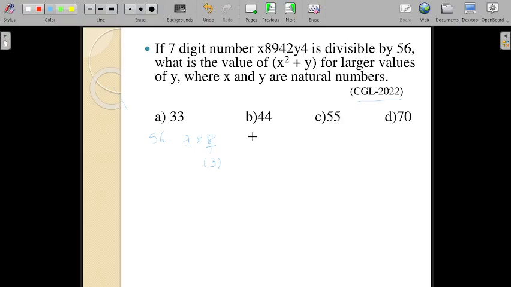Let's say 204, or else 214, 224, 234, 244, like this. If we apply this, 204, 4 2s are 8 no. 214, 14 not divisible, no. 224, okay, so 16, yes. 234, no. 244, no.